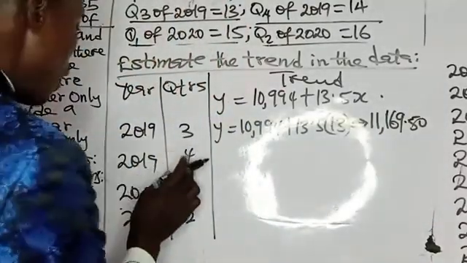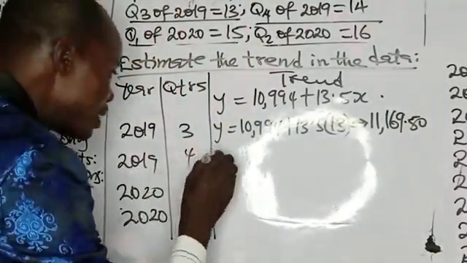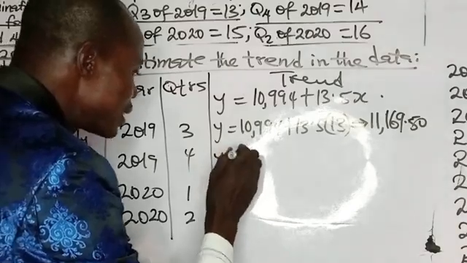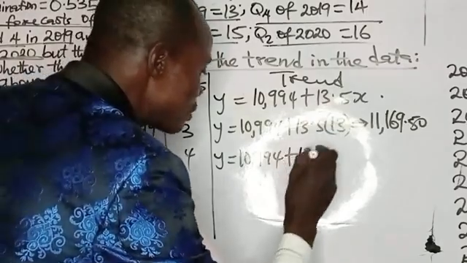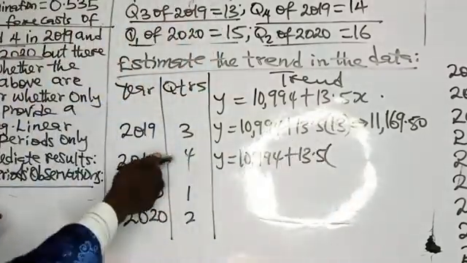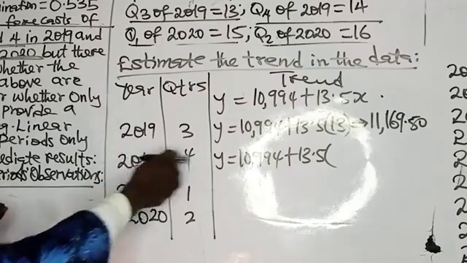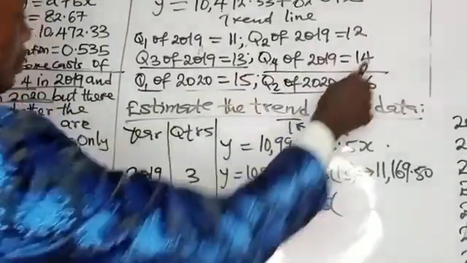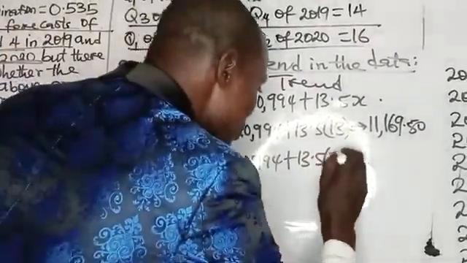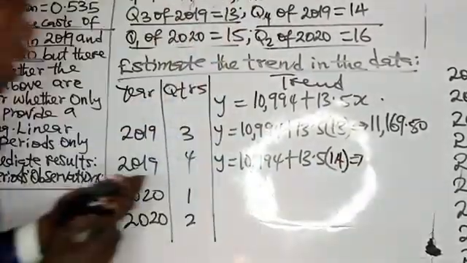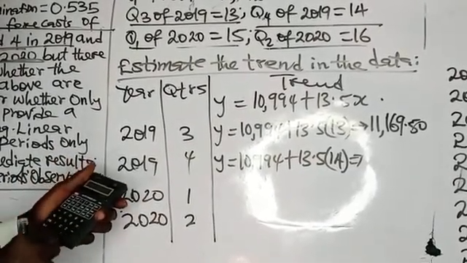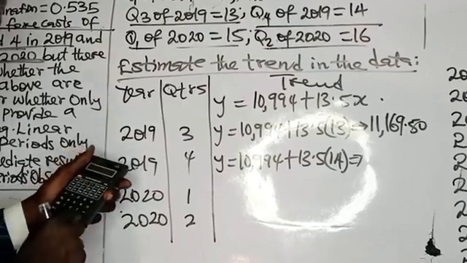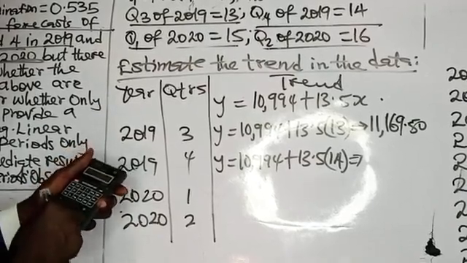Then for quarter 4 of the year 2019, y remains 10,994 plus 13.5x. For quarter 4, the value of x is 14. So 13.5 times 14 is 189, plus 10,994.